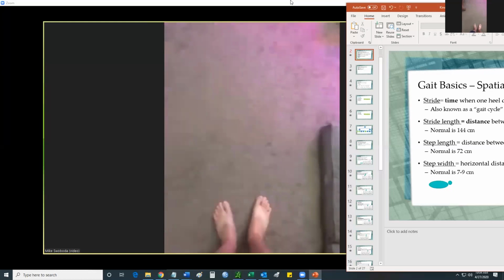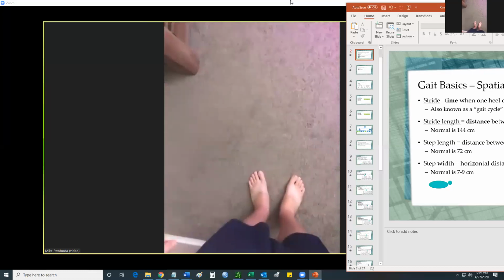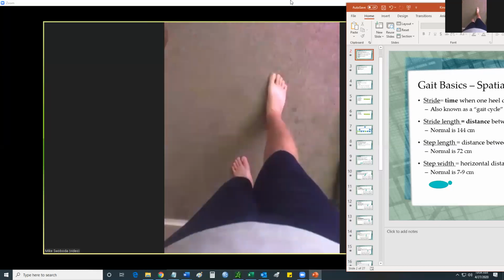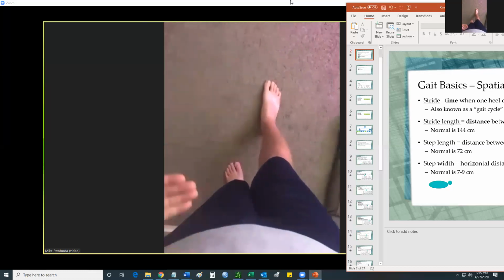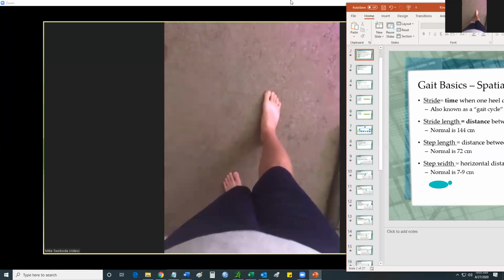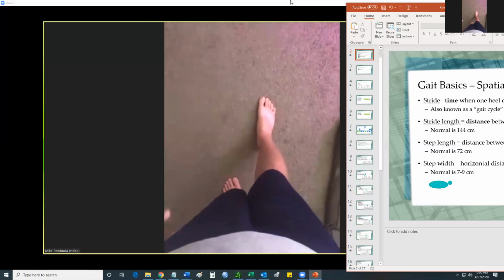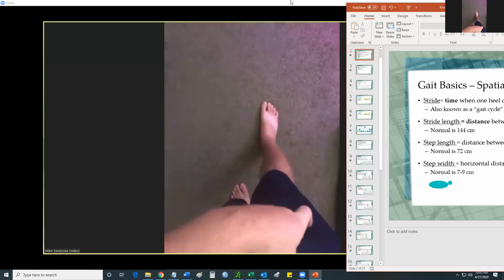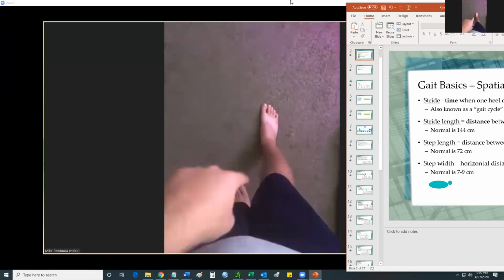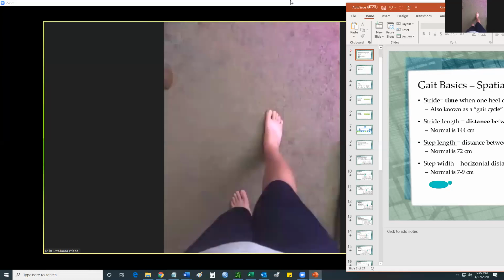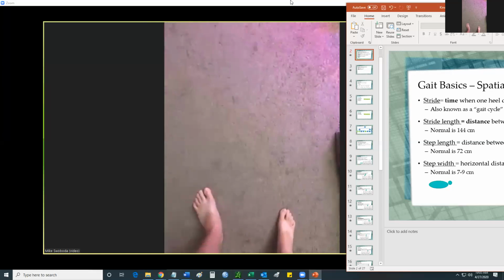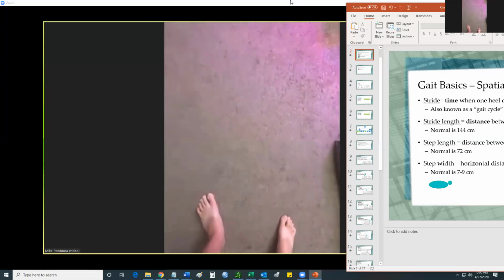Okay, if I'm starting just here and I take a single step, that distance I have from my left leg, so specifically from the heel of my left leg, all the way to the heel of my right foot, that is my step length. Okay. So I'm going to just mark it off with these business cards here.